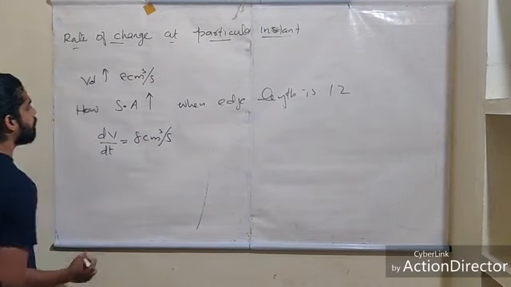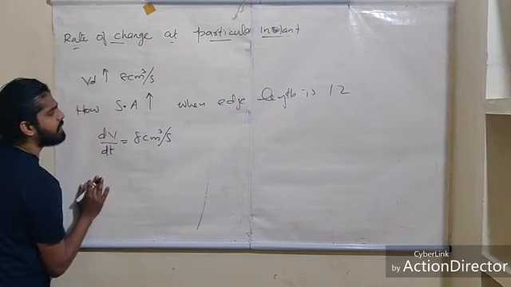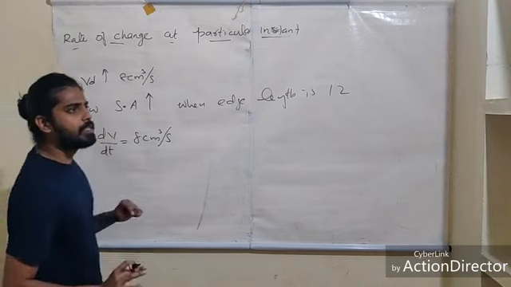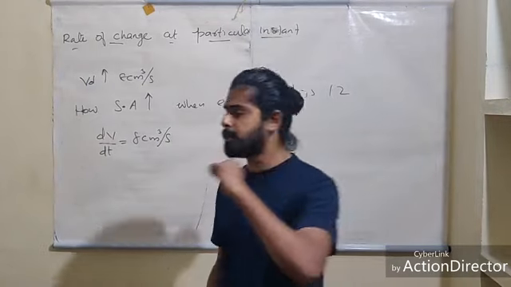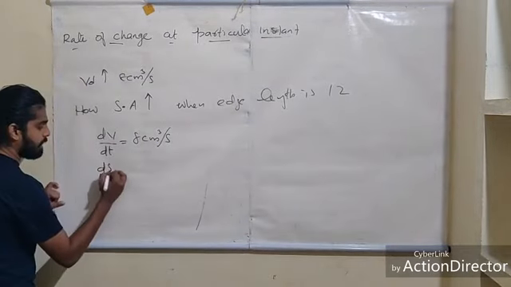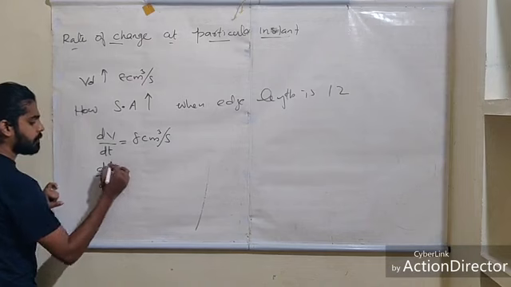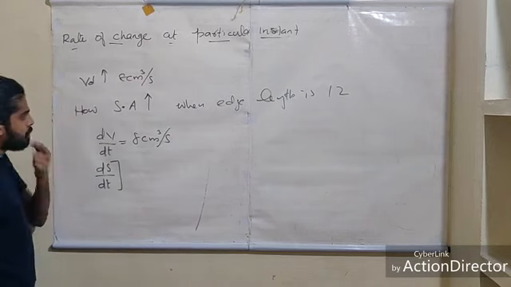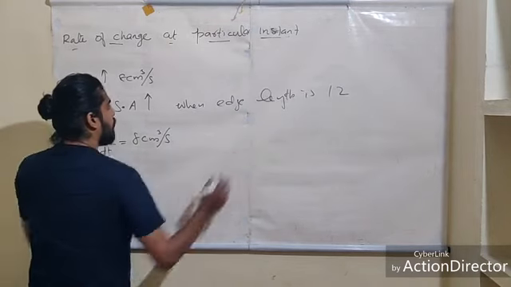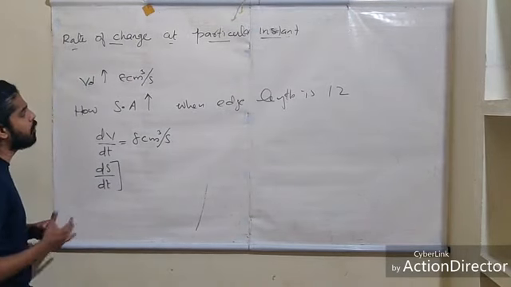We have to find how fast the surface area is increasing. Let us denote the surface area with the letter S. So we have to find dS by dt, at the instant when edge length is 12.